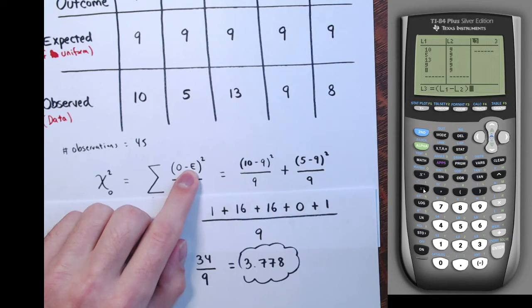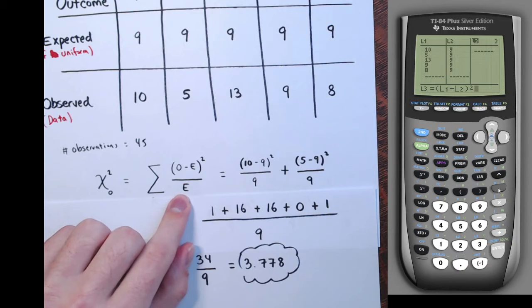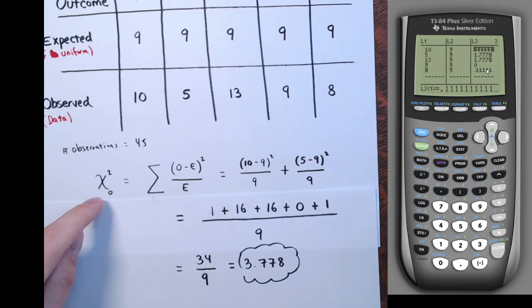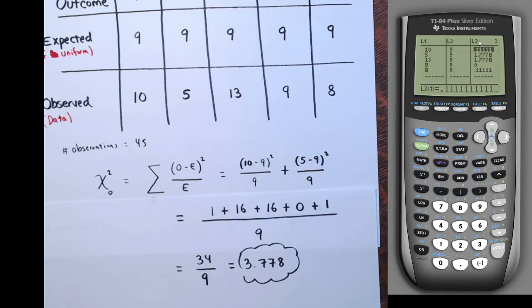Close the parentheses, square it, and then divide by the expected values, L2. And look at what happens. I get these 5 values. The test statistic is the sum of all 5 of these values in my list L3.